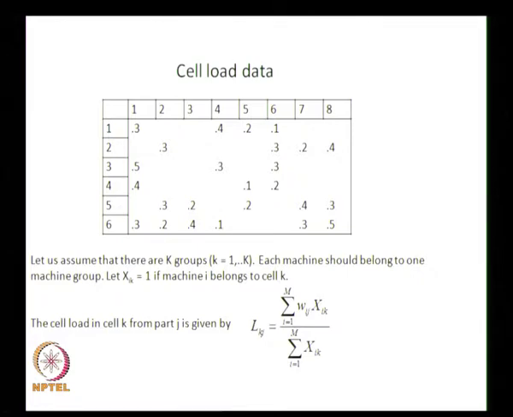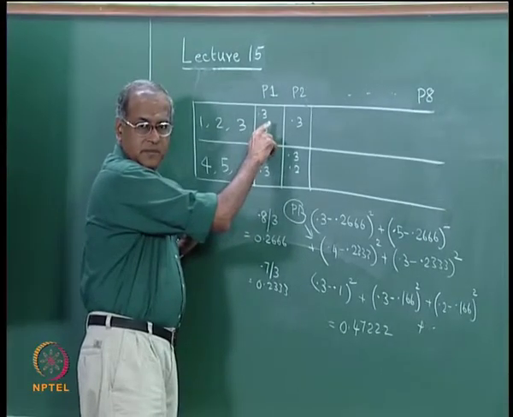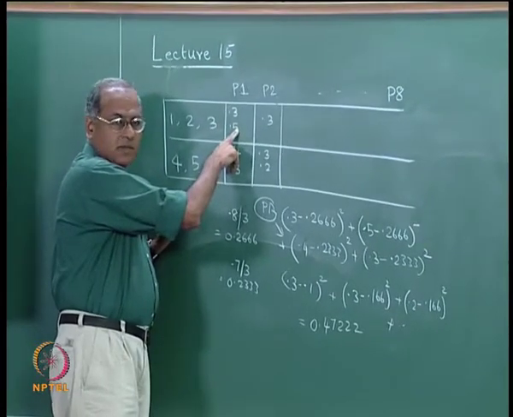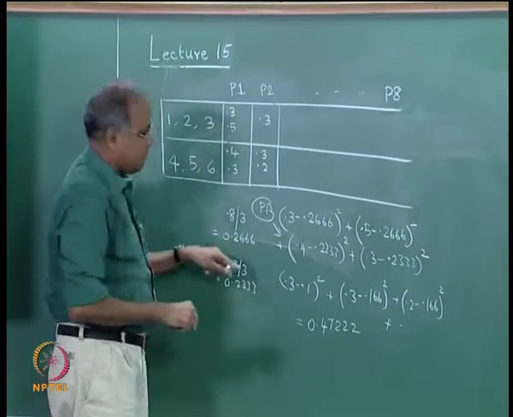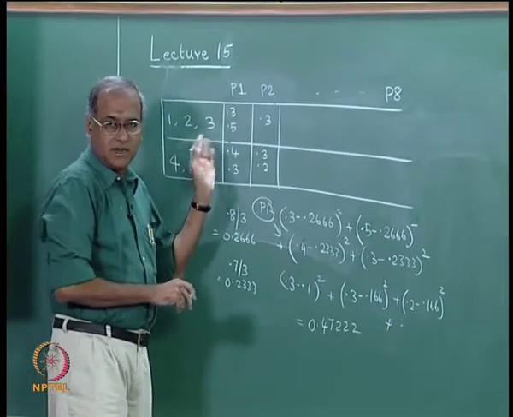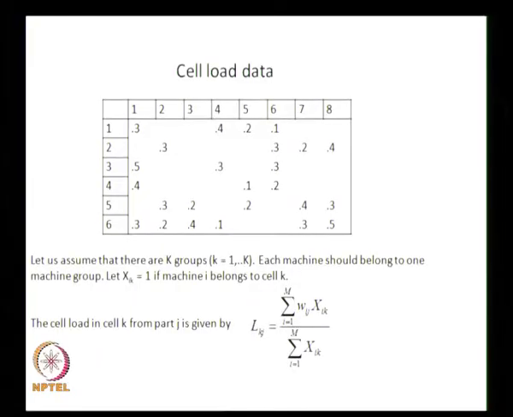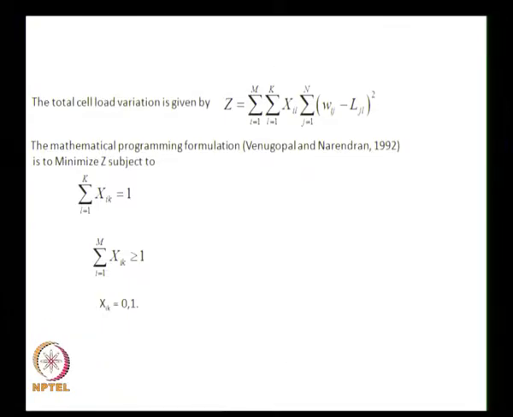Workload into those machines which are here, which is 0.3 plus 0.8, divided by 3, is what we did here as the average, and then we did the square term. The variation was calculated as (Wij minus Ljl) square, into Xil.